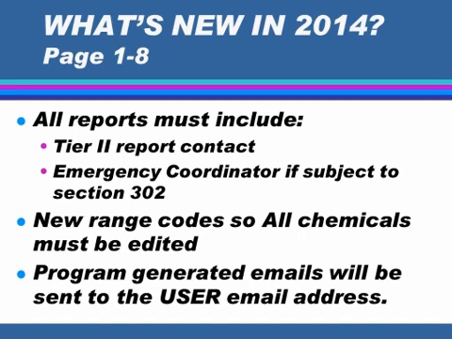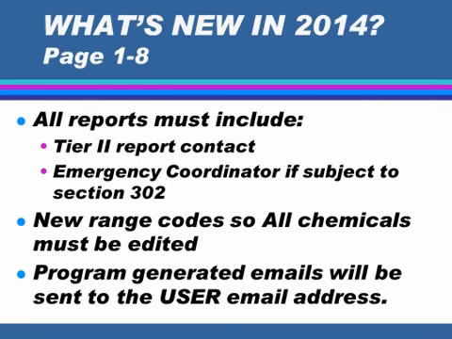Also, new this year, if your facility is subject to Section 302, then you're going to put the information about the emergency coordinator in your Tier 2 report. That's the person that will work with the LEPC to develop the off-site emergency response plan. There are new range codes this year.